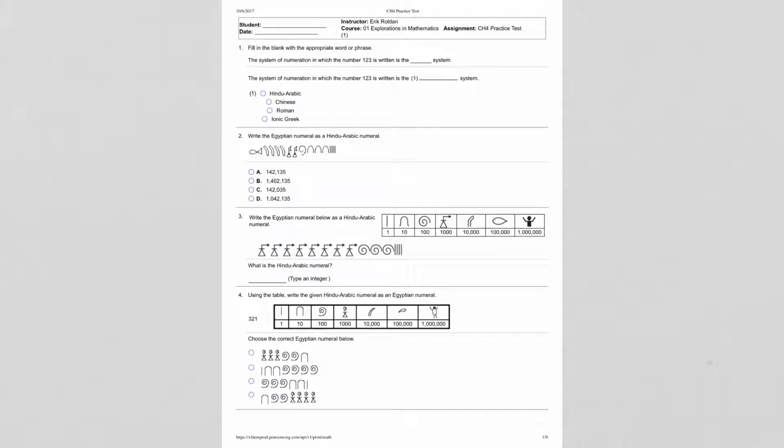Also, you need to watch the video for 4.5 that discusses some history, and that will be on the test as well. Okay, so let me repeat that. There's some history that is going to be on the test, a couple questions of history that you can hear and read about from the 4.5 video. So make sure you watch that.